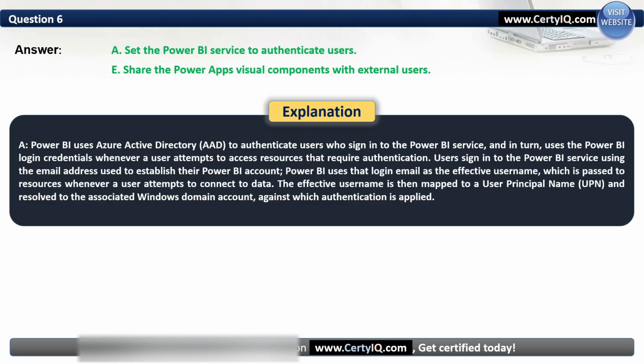Users sign into the Power BI service using the email address used to establish their Power BI account. Power BI uses that login email as the effective username, which is passed to resources whenever a user attempts to connect to data. The effective username is then mapped to a user principal name and resolved to the associated Windows domain account against which authentication is applied.